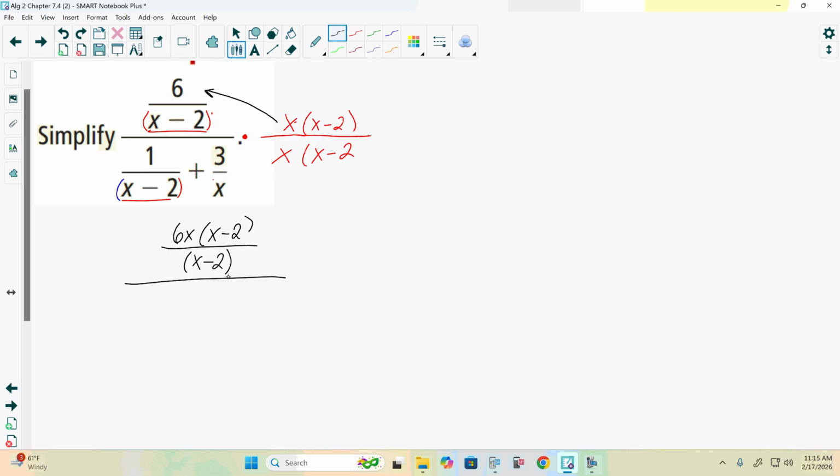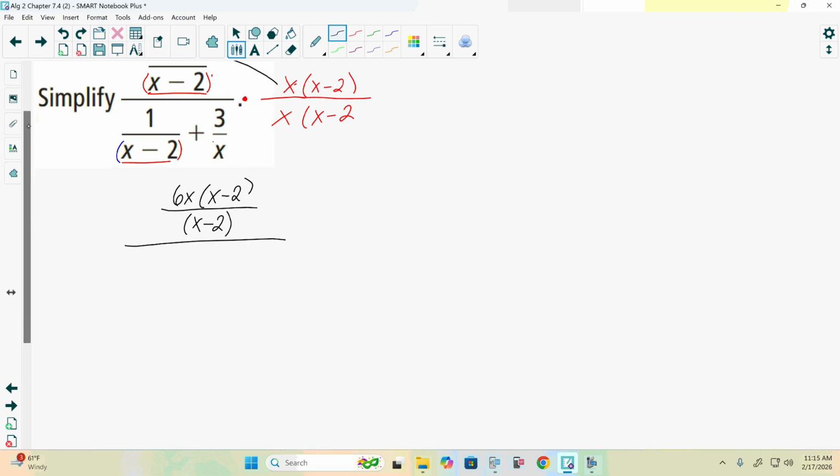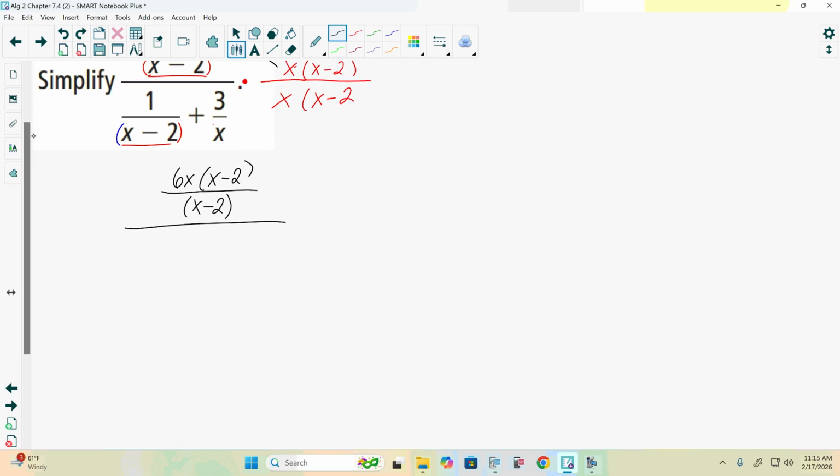And we're going to do the same thing with the denominator. We're going to multiply this x times x minus 2 first by our 1. And 1 times x is going to be x, plus minus 2 over our x minus 2, plus the x times x minus 2 is going to multiply by the 3.